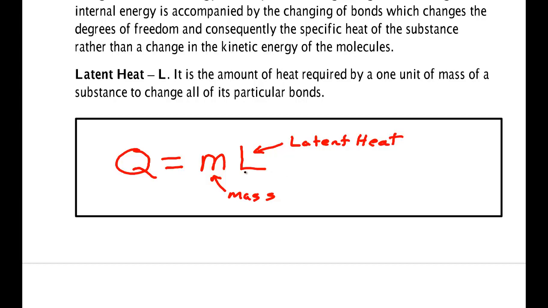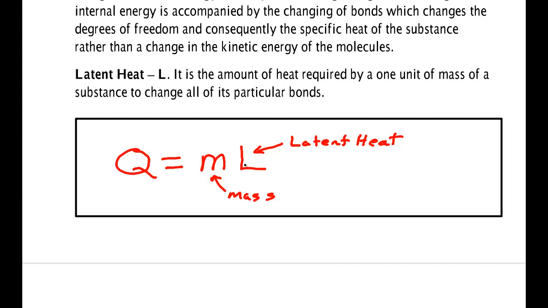So the latent heat is related to the energy required to make or break so many bonds in 1 kilogram of mass. The more mass, the more bonds you got to make, the more energy it's going to take to make those bonds. Likewise, if you're creating bonds that give off energy, then the more bonds you make, the more energy you can give off.